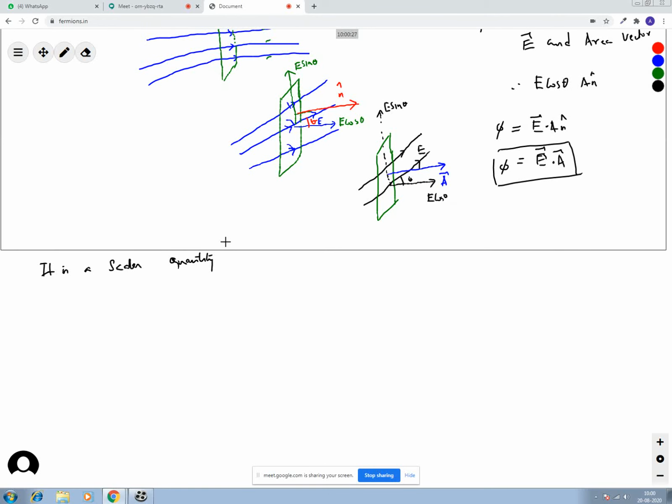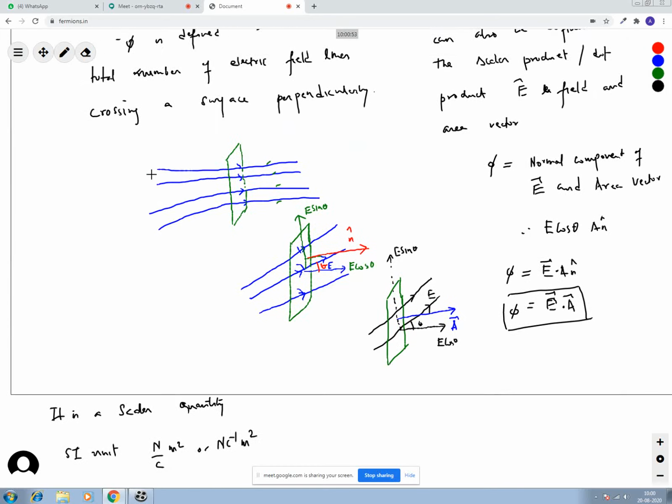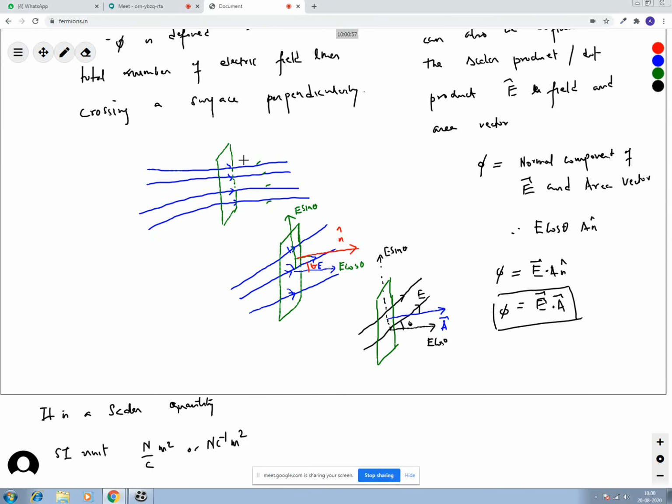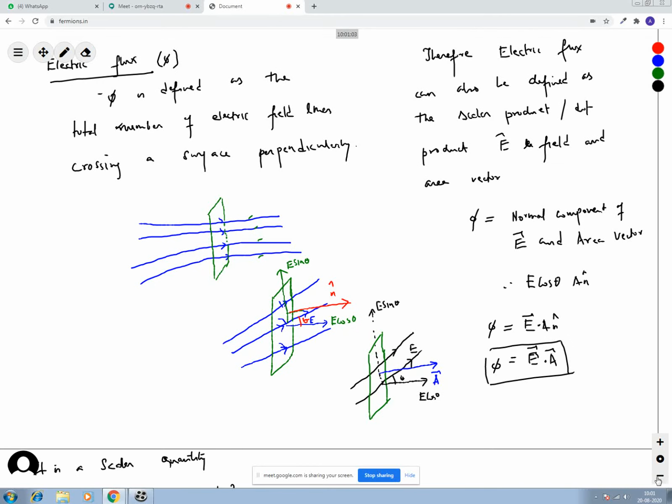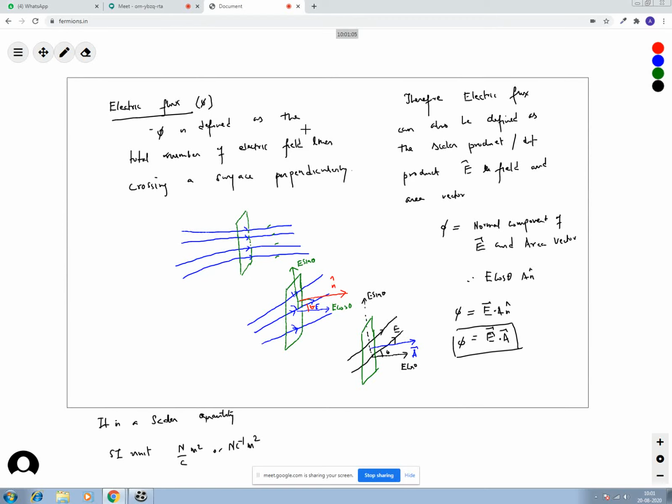Electric flux is indirectly giving you the sense of electric field in a region. It is a scalar quantity, and its SI unit would be Newton per coulomb into meter square.